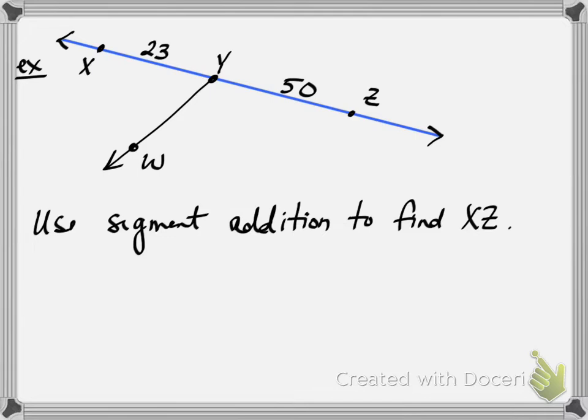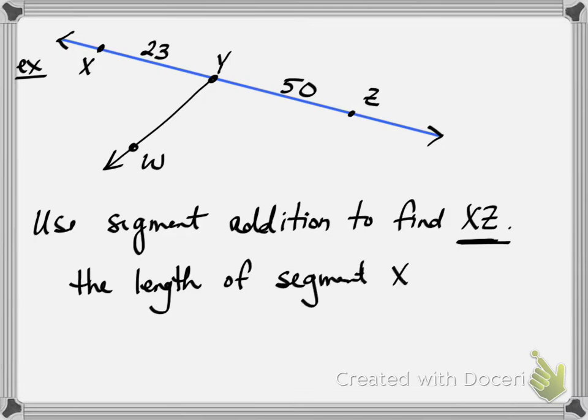From the video, you learned that if you saw something like this, it means the length of segment XZ. That's what that means. So segment XZ, let's just look here. It's all the way from X through Z.